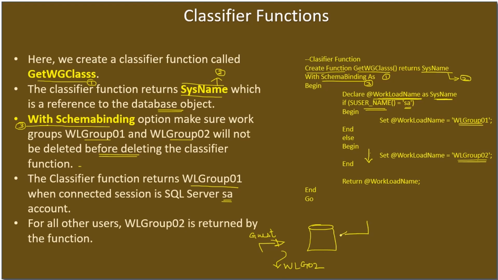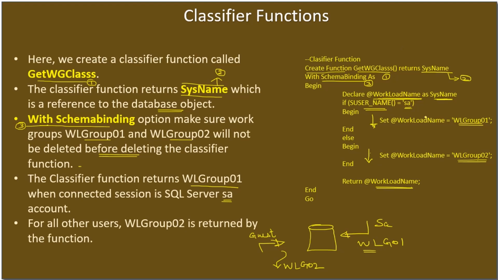If the incoming user is SA, we return workload group 01, because the conditional check tells that the incoming request is from the SA user. That's the duty of the classifier function.